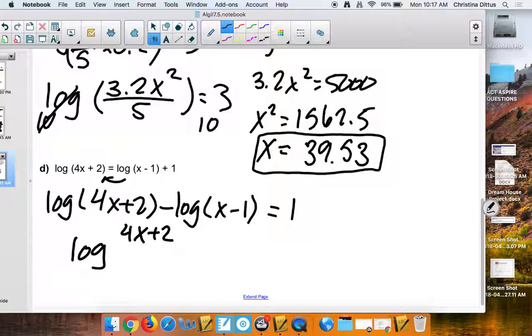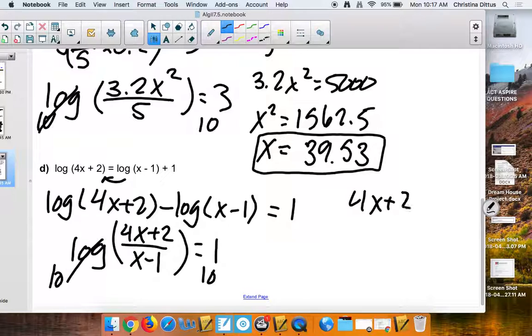4x plus 2 divided by x minus 1 still only equals 1. Now am I okay? Yep. So 4x plus 2 over x minus 1 equals 10.